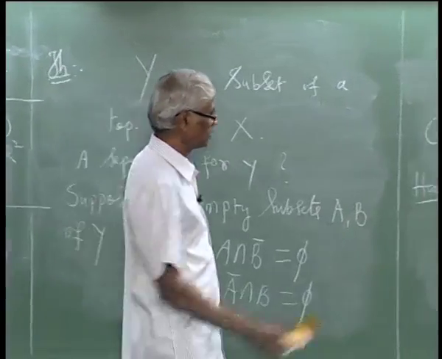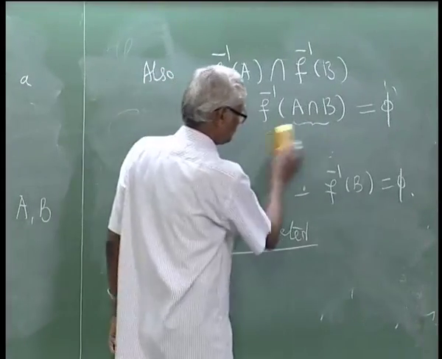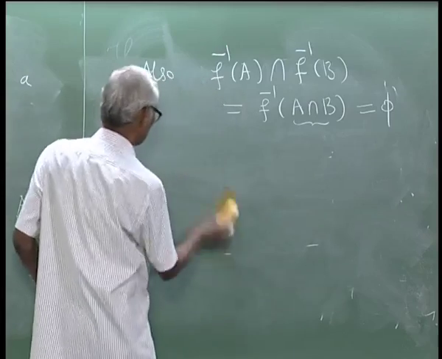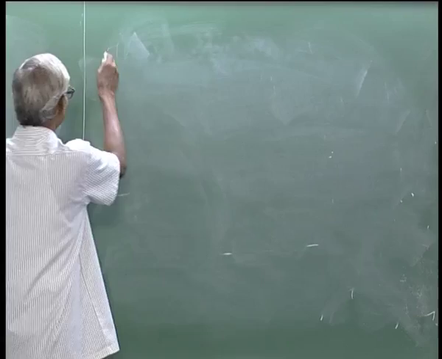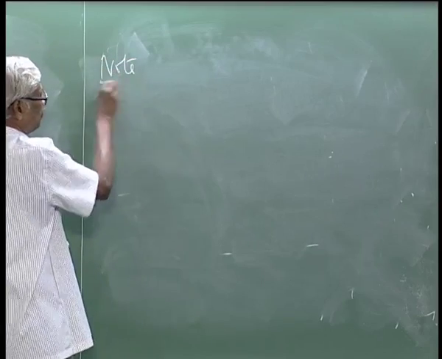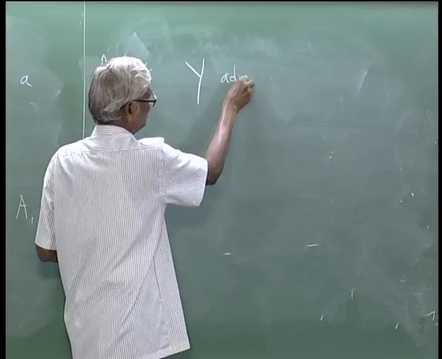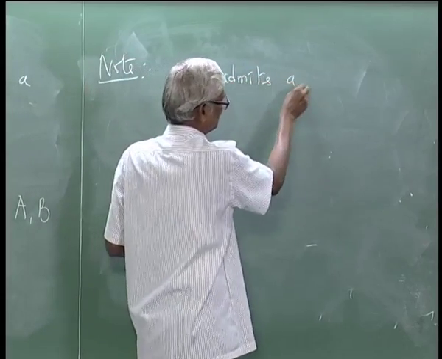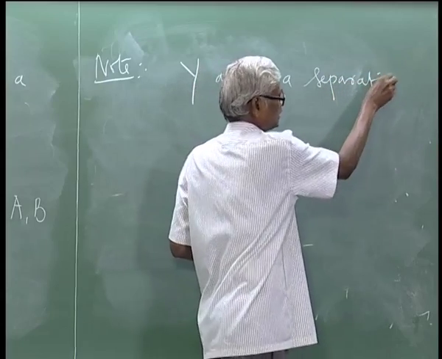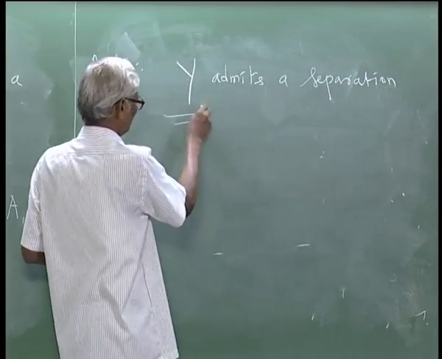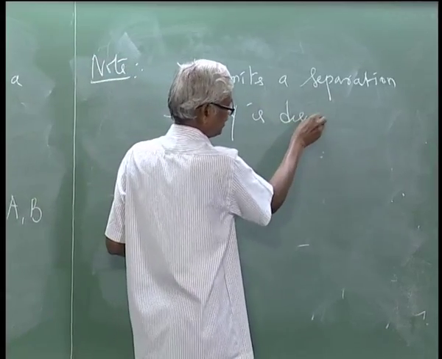So what is enough to prove is, suppose Y admits a separation, this implies Y is disconnected, that means not connected.